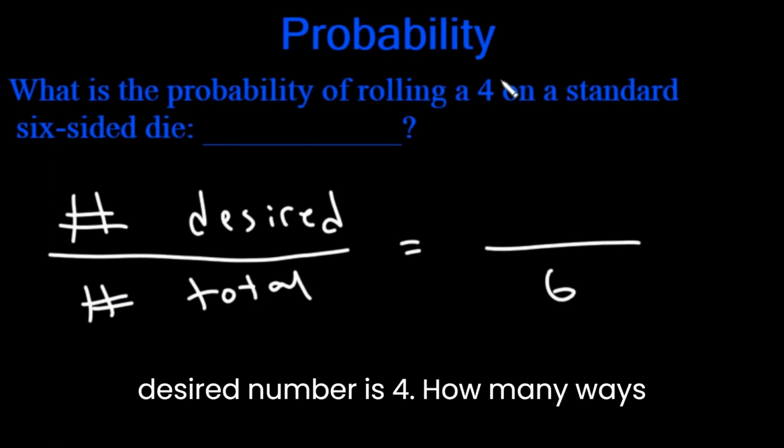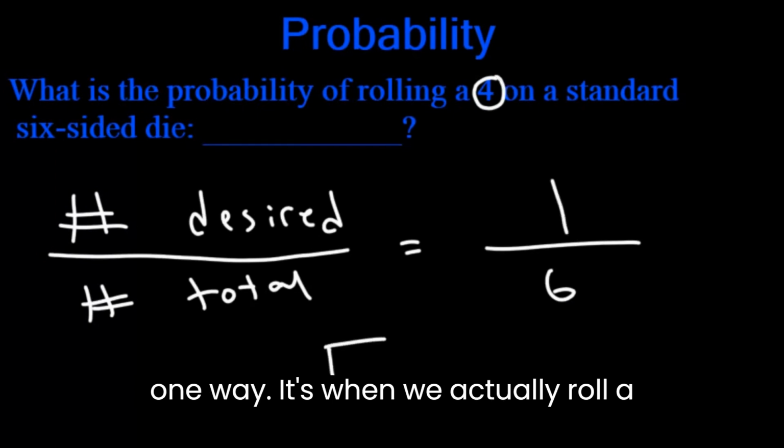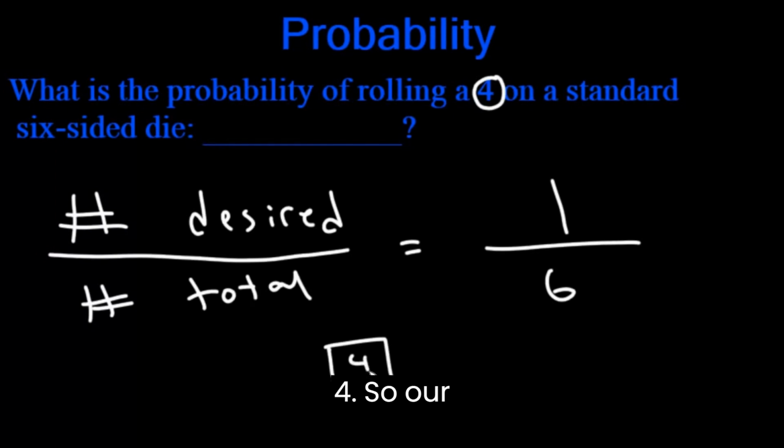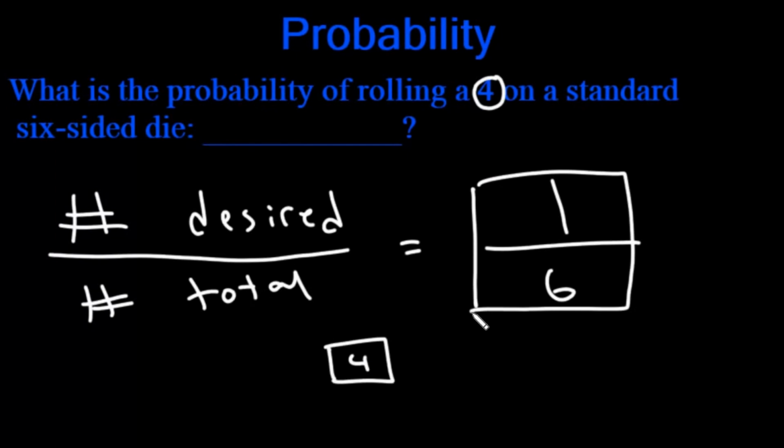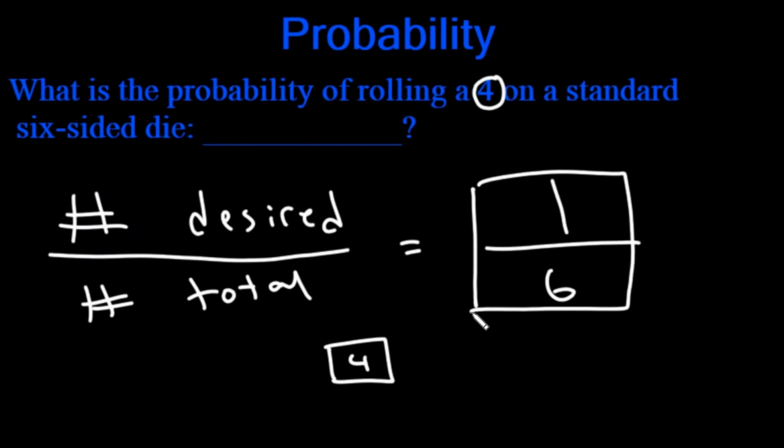Our desired number is 4. How many ways can we roll a 4? Well, there's only one way. It's when we actually roll a 4. So our answer is 1 divided by 6, since there's only one way to roll a 4 and there's 6 in total.